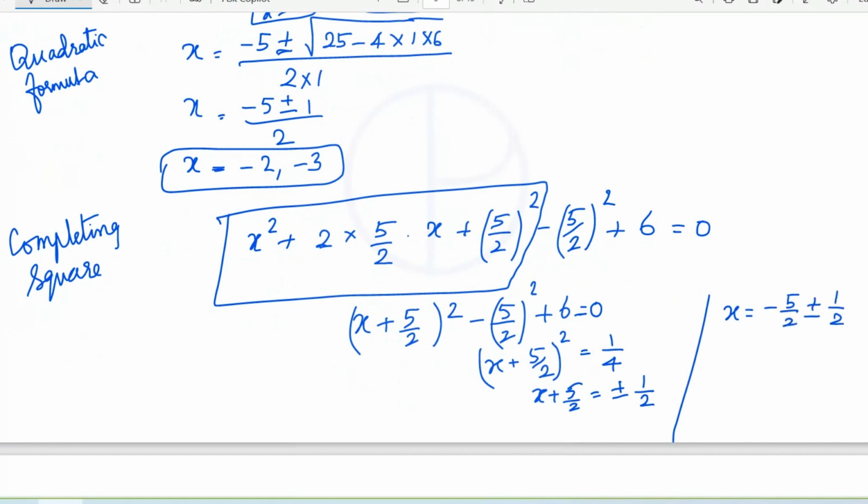On simplification, we get x equal to negative 3 and negative 2. Writing the given quadratic function in the completing square format is one of the most repeated questions.